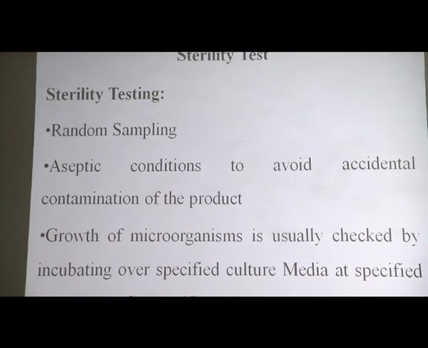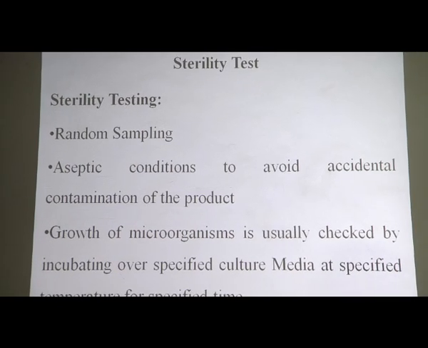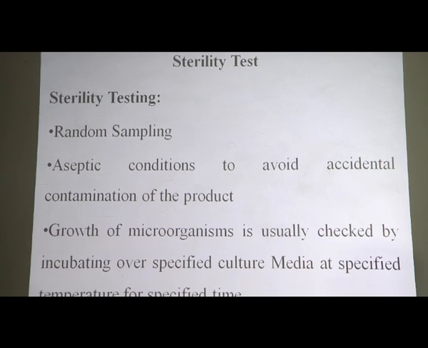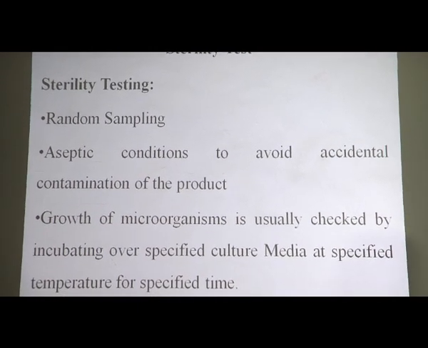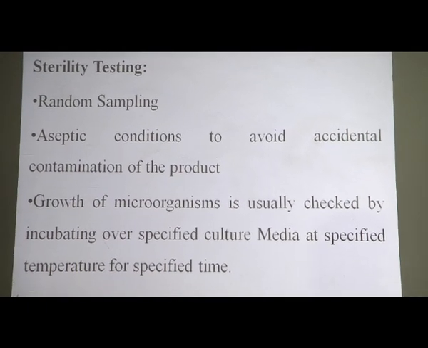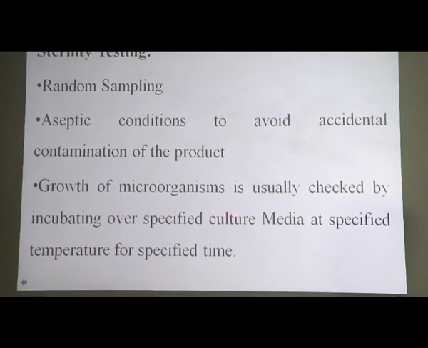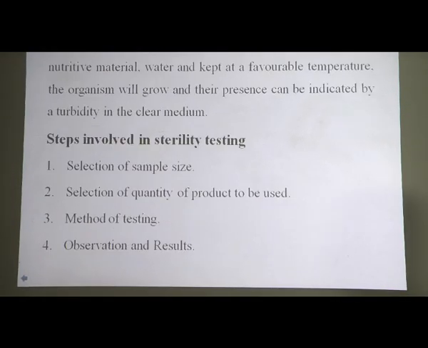First is random sampling: after manufacturing of a dosage form, we select random samples for testing. Then aseptic conditions must be maintained. Growth of microorganisms is usually checked by incubating in a specified culture medium at a specified temperature for a specified time.